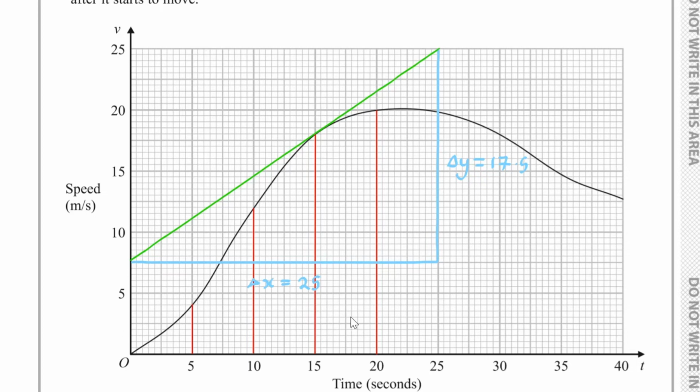So here we've got 4 equal widths from 0 seconds to 20 seconds, and then because we're finding out an approximation of the area, we can split these up into simpler shapes. So here we've got a triangle, and then we've got trapeziums everywhere else, as shown here.